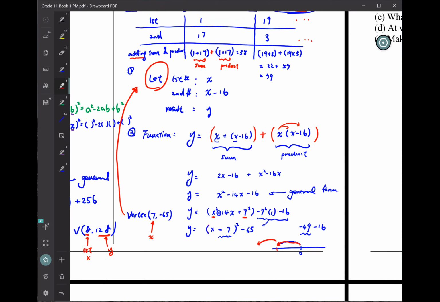In this case, it is 7. So go to the last statement: x is 7. So our first number is 7. And then the second number, you need to take the x and then minus 16. So what would that be then, Brandon?